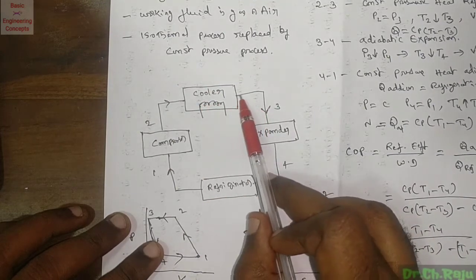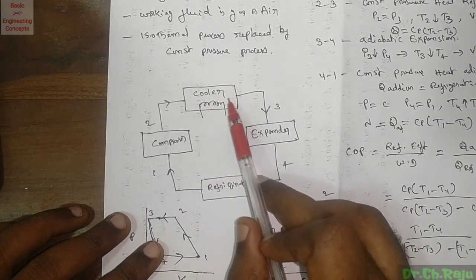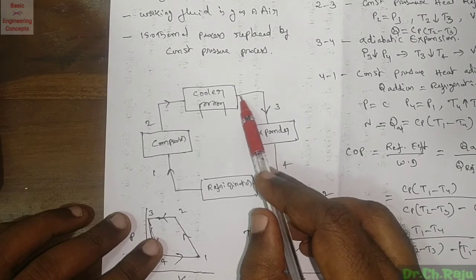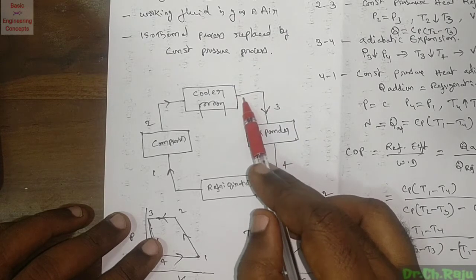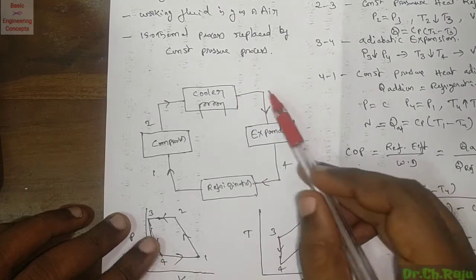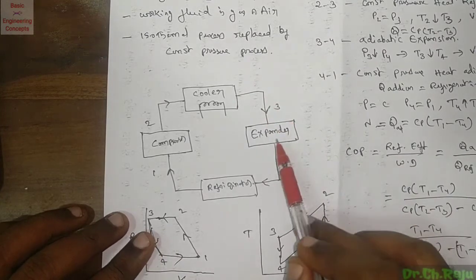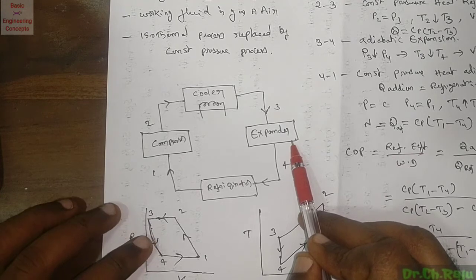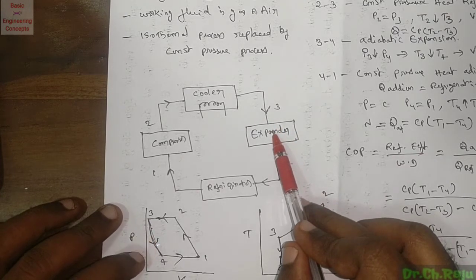So the condition of air just coming out from the cooler is high pressure, low temperature air. This high pressure, low temperature air is expanded here. This is the expander. Expansion means the pressure of the air is decreased.